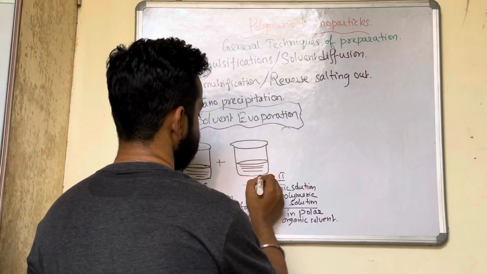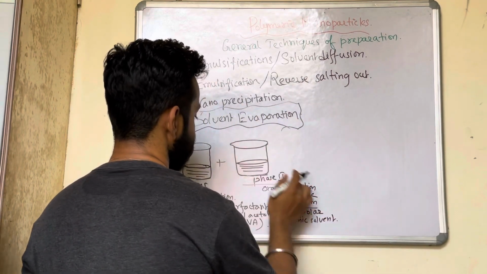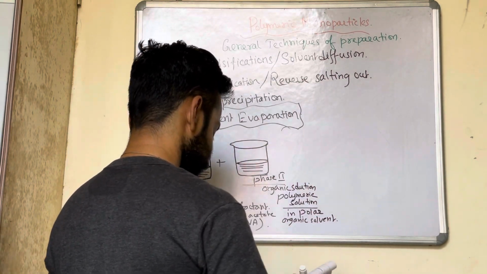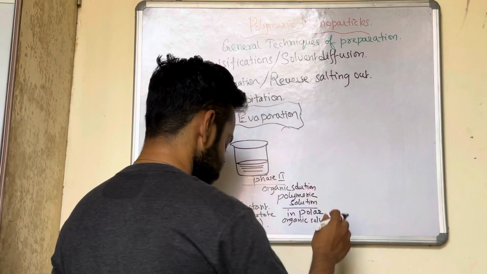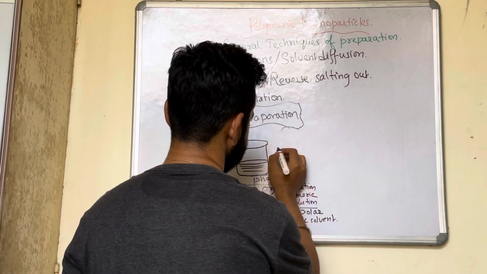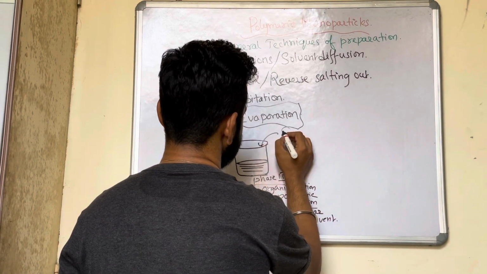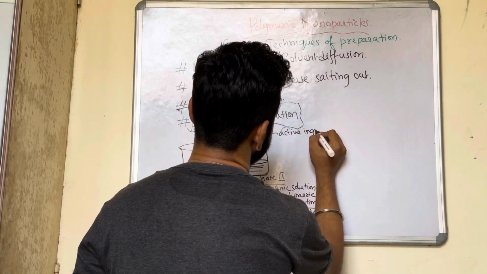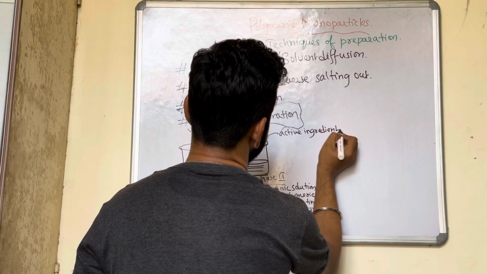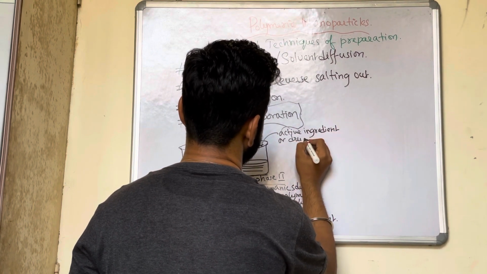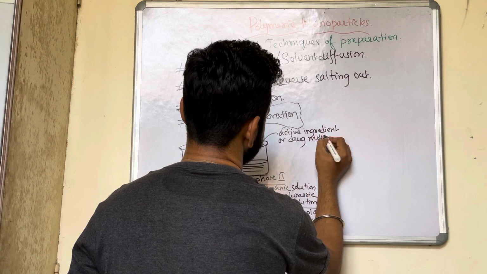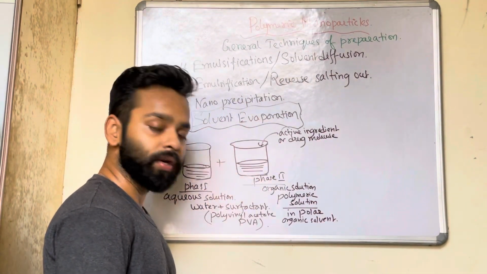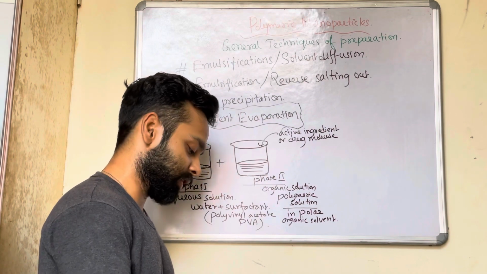In this second phase, that is the organic phase, along with the polymer solution, we can add the active ingredient or the drug molecule, which will be included by dissolution or dispersion.